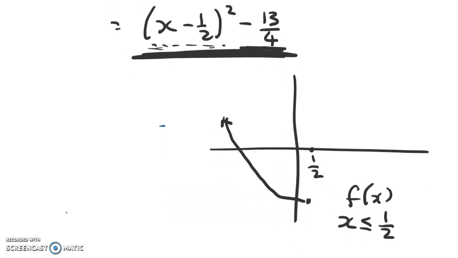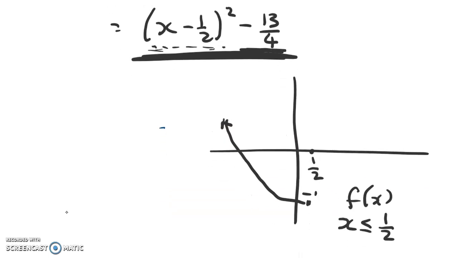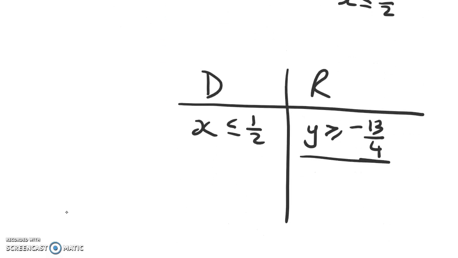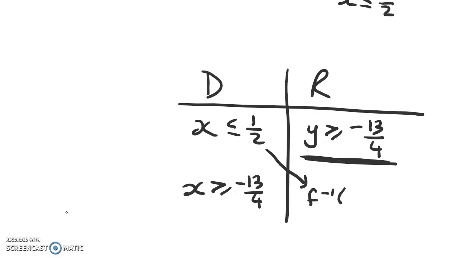And you can see graphically that my range is values above -13 over 4. So when we do the inverse, this is going to become my domain, right? So x is going to be greater than or equal to -13 over 4. And my range is going to become this. And you'll see all of this falling out of the algebra as we go.